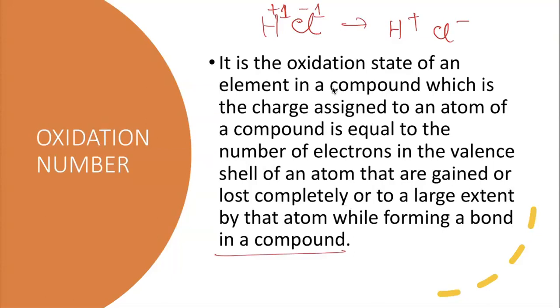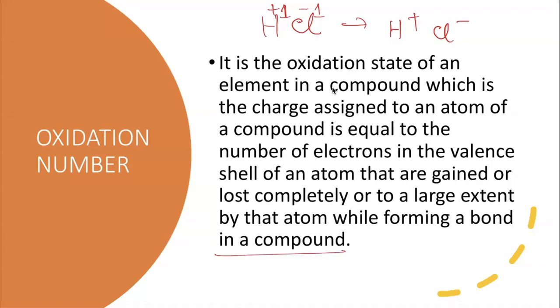When the elements are forming a compound, the number of electrons from the valence shell that are gained or lost is actually the charge assigned to an atom. Clear? Actually, it is an imaginary number, it is totally imaginary.